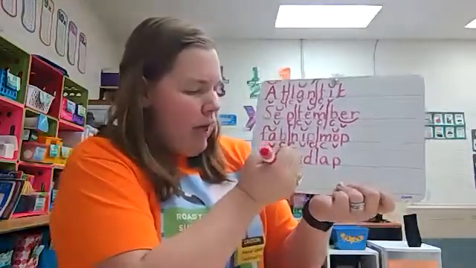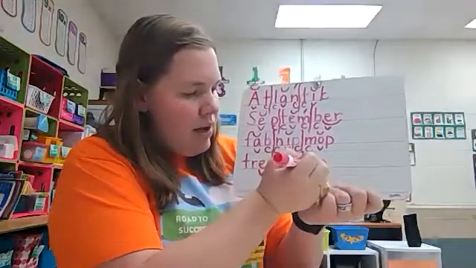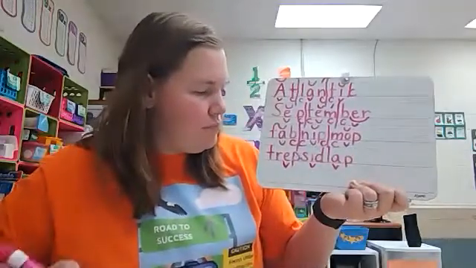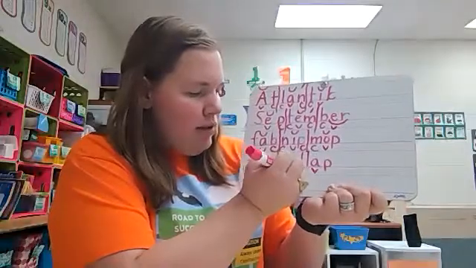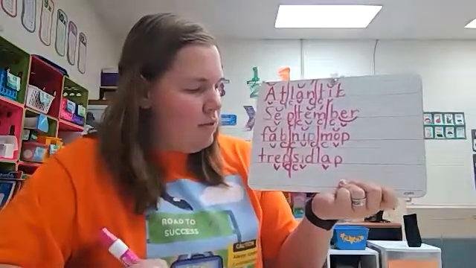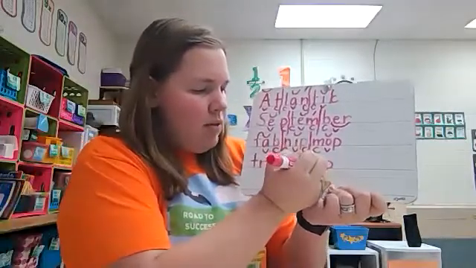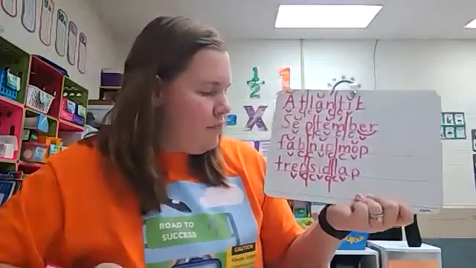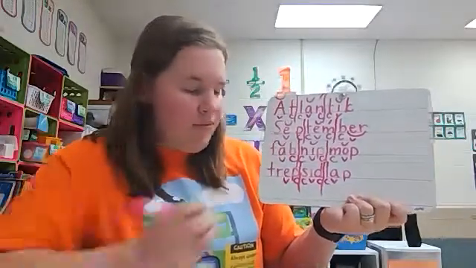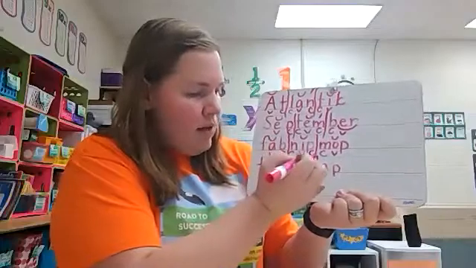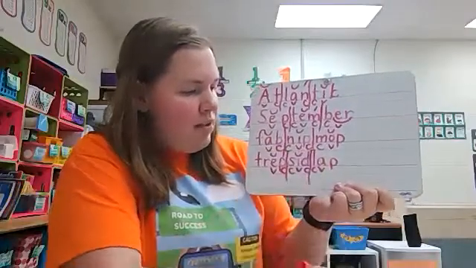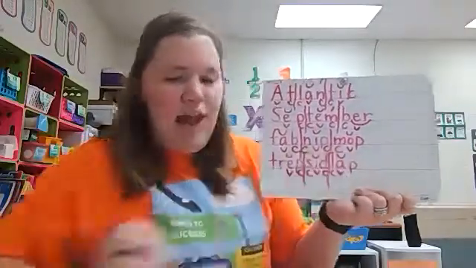So I have vowel E, vowel I, vowel A. Two consonants between those two vowels and two consonants between those two vowels. This E gets a breve, the I gets a breve, and the A gets a breve.